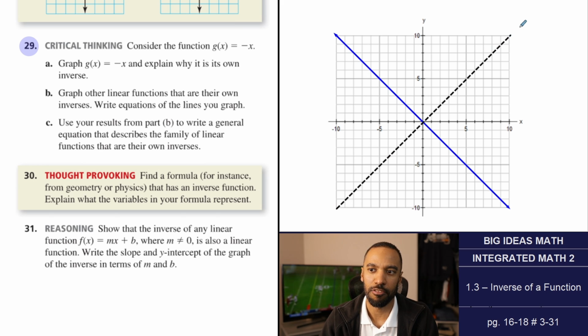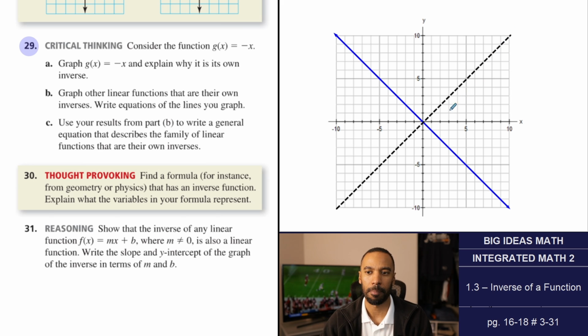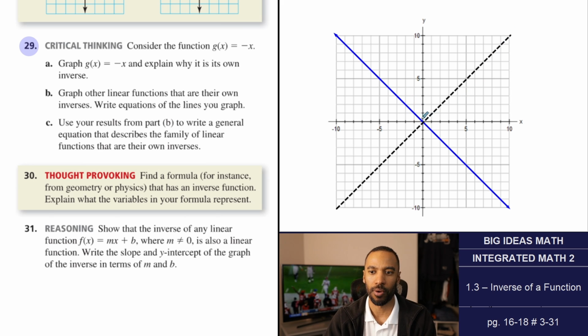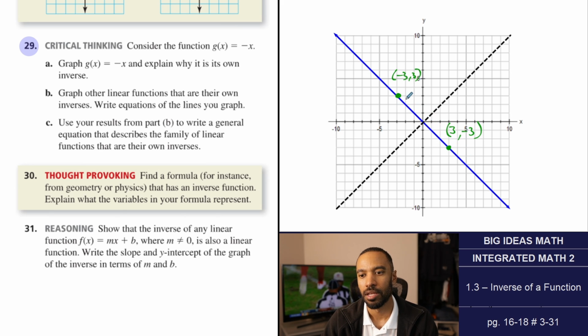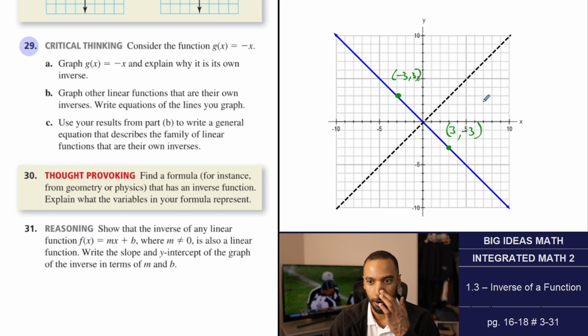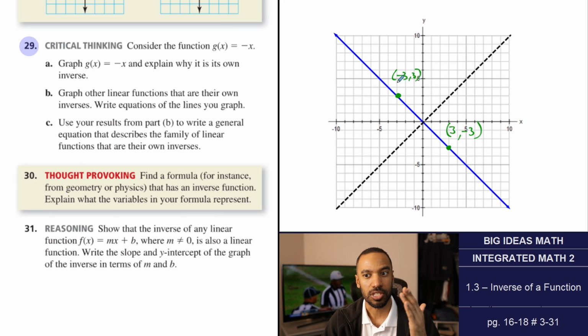So based off the graph, my explanation could be when you swap x and y, you get the points out on the other side of this reflection. Look at the point -3,3. When you swap -3,3, you get 3,-3. And where's that? This point right here, which is still on the line. So these points are reflecting across the line perfectly. It's not the same points, but they exist on the same line as a result of this.